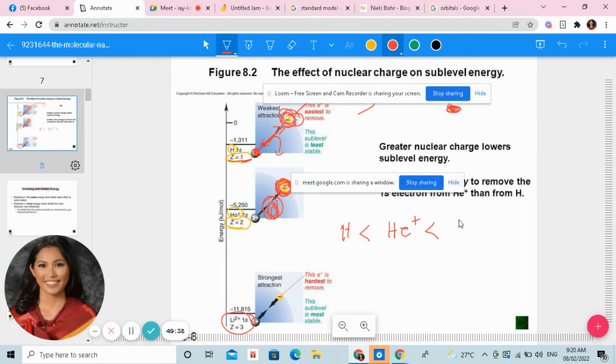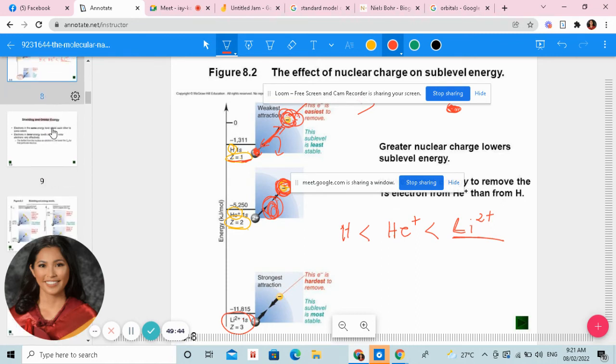Then we have the lithium ion, which is the hardest to remove.